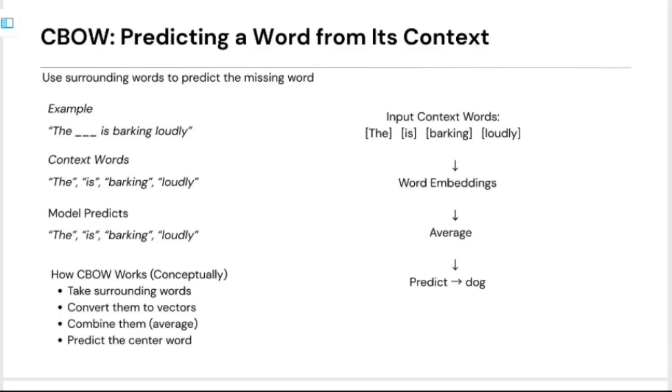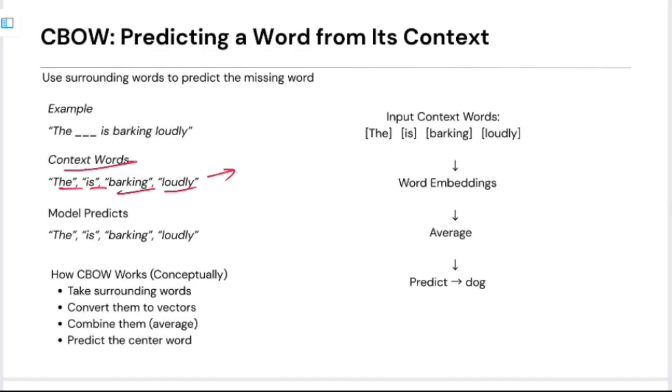So now let's understand CBOW, predicting a word from its context. Here we have a sentence like: dash is barking loudly. The context words are the, is, barking and loudly. These are our context words.